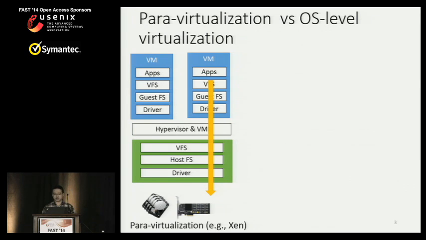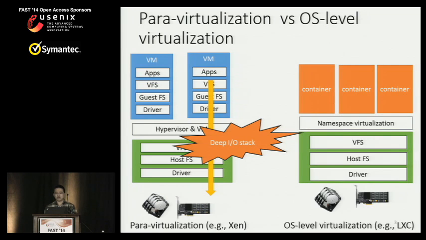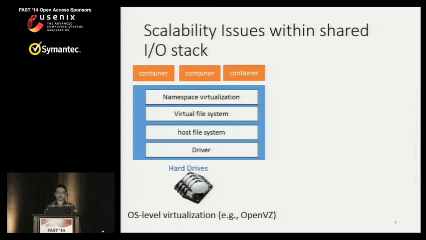In contrast, OS-level virtualization exhibits near-native performance because of the sharing of the kernel service. However, in OS-level virtualization, different I/O requests from different containers go through the shared I/O stack. The sharing of data structures and locks within the I/O stack can lead to scalability issues on many cores.